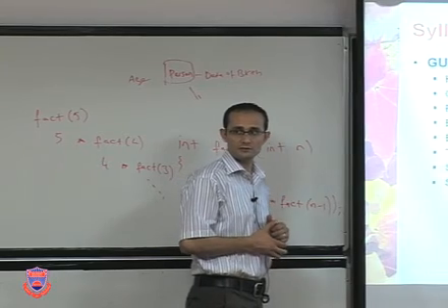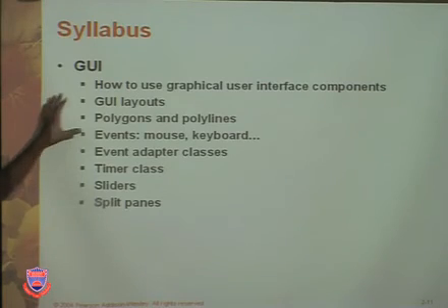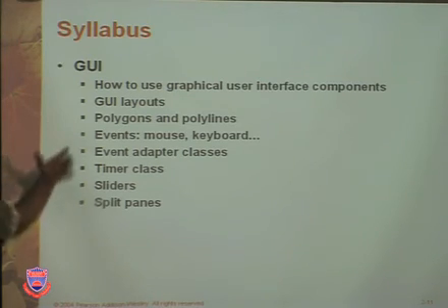Part of the course will deal with GUI stuff, and it is actually a good experience for you, because you will be able to write your program in an elegant manner, and whoever uses your program will have a nice view of what you're trying to achieve. Instead of a black screen with 'enter this value, enter that value,' you will have a graphical representation of what you're trying to do, and that's going to give you a lot of power to implement different things.